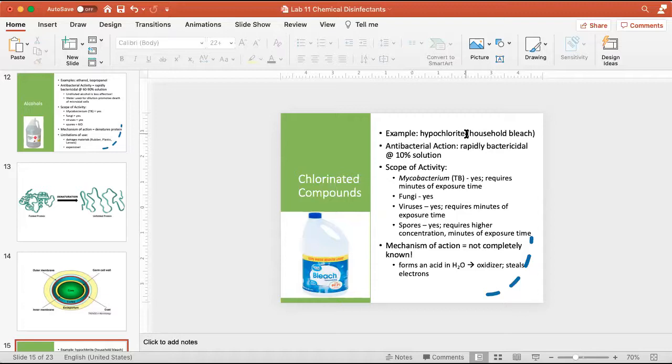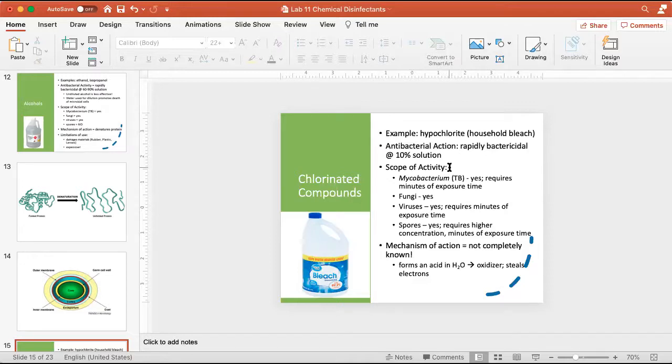We also use bleach in laboratories all the time because it's a good disinfectant. It is rapidly bactericidal. At a solution of only 10%, you can spray it on the desktop and then immediately wipe it off, and it will still work. It'll kill bacterial cells.